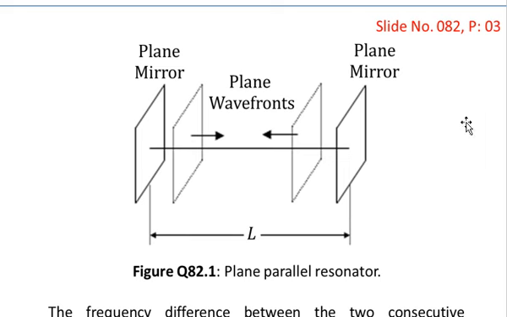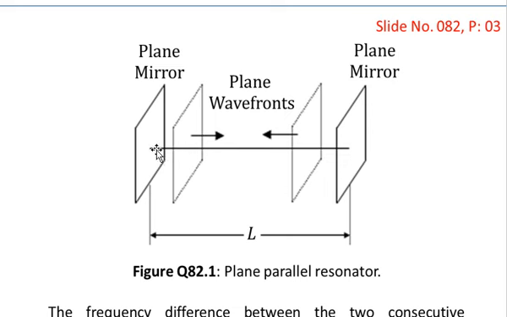You can see that there are two plane mirrors, one at each end, and I have also shown plane wave fronts inside this resonator. The plane wave on the left has been shown to move towards the right, and the one on the right hand side is shown to move towards the left.